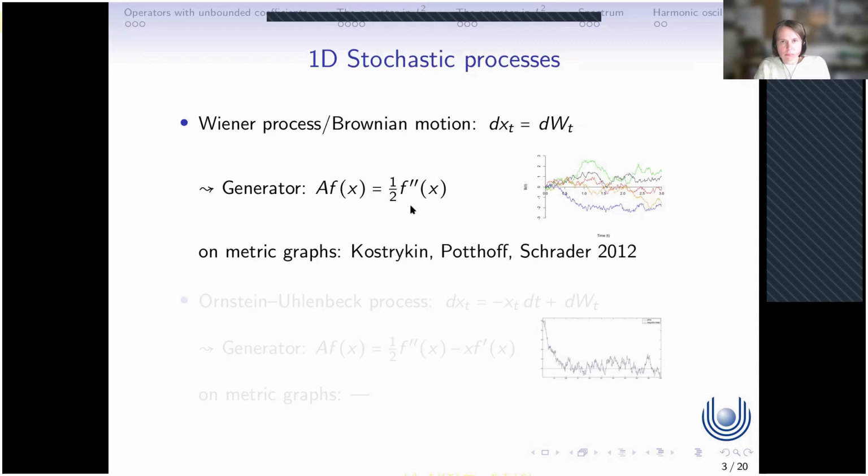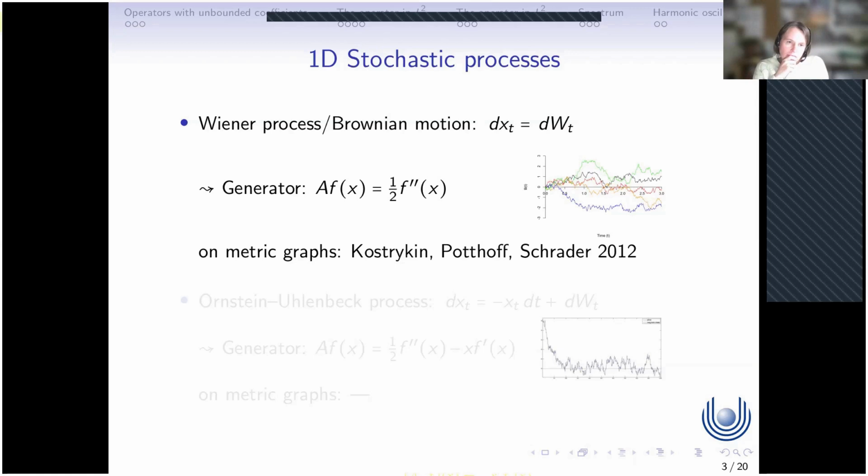And in fact, Brownian motions on metric graphs have already been studied. As far as I know, the first who performed this study were Kostrykin, Potthoff, and the late Robert Schrader. And they characterized, for instance, those boundary conditions giving rise to a well-defined Brownian motion on graphs and so on.